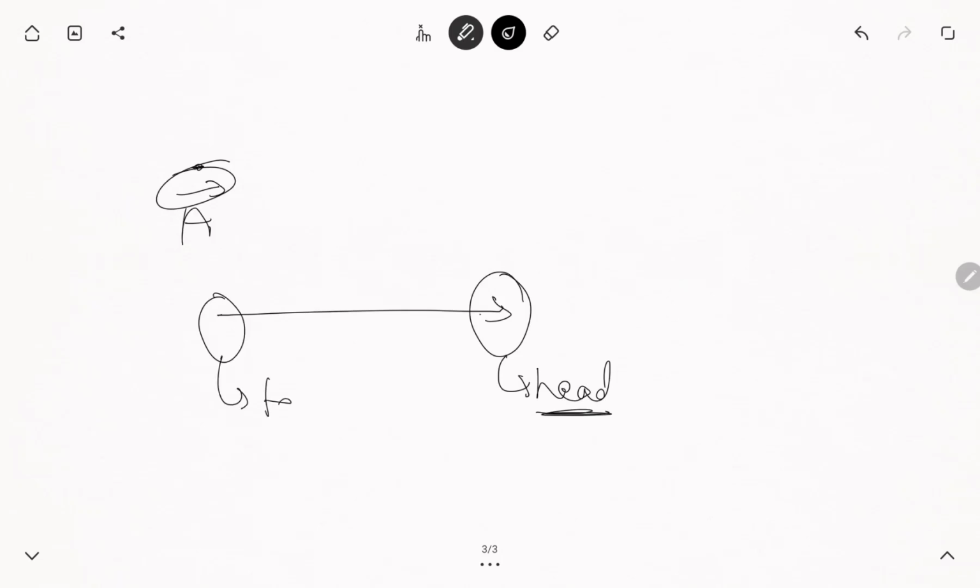Now, if I want to say in which direction it is going in, I can draw an arrow like this, which has this head. This head right here indicates the direction of the force being applied. And the tail, we can assume is like the origin of where it is starting from. This is the tail.